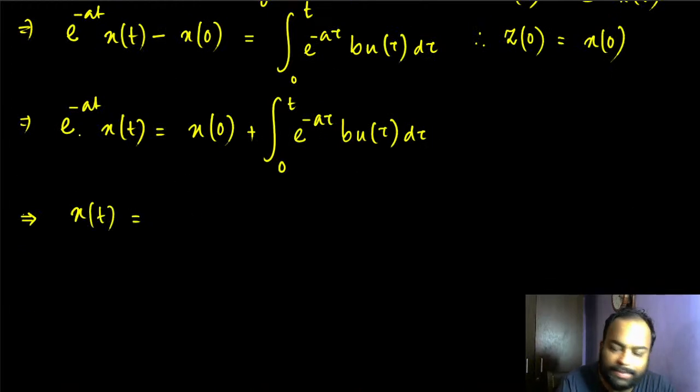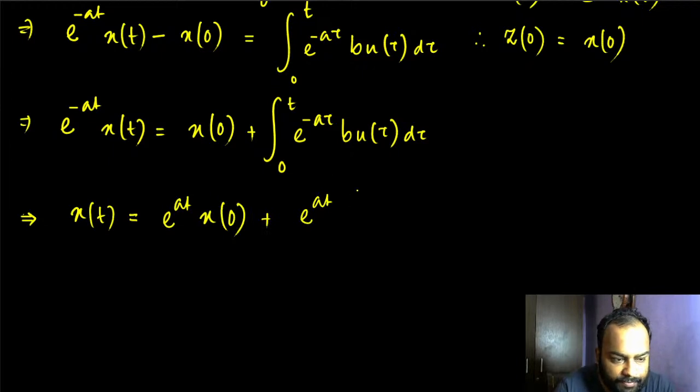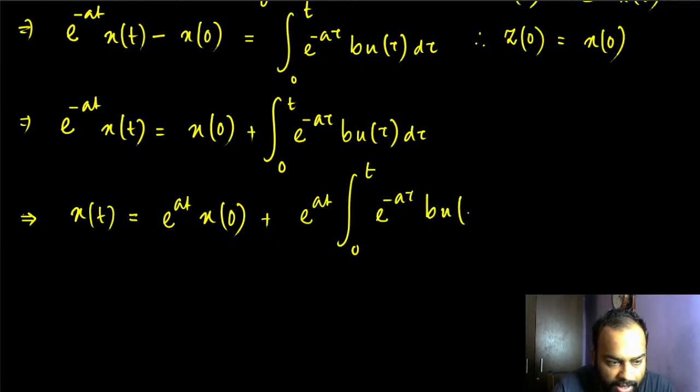Now let's multiply both sides with e to the power at, right? So xt will be then on the left hand side, and here we have e to the power at x0 plus e to the power at integration from 0 to t e to the power minus a tau b u tau d tau.